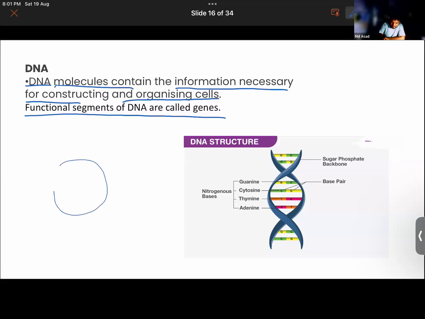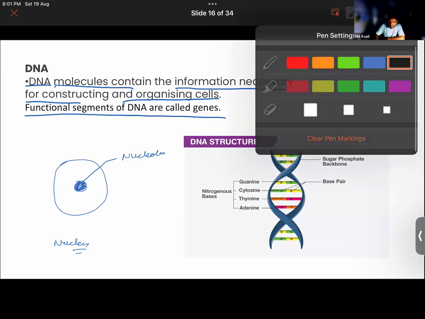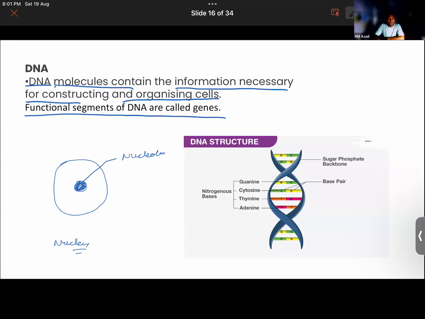This is your nucleus. And here in the center, this is the nucleolus. Now, around this nucleolus, there are thread-like structures, chromosomes.